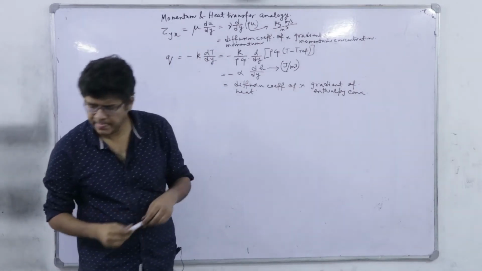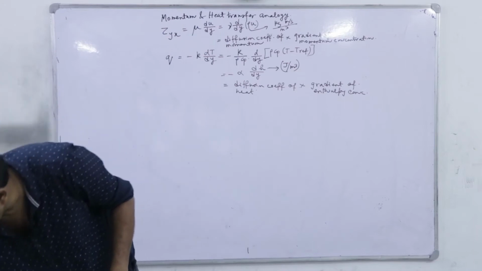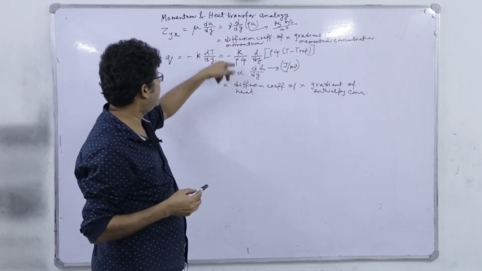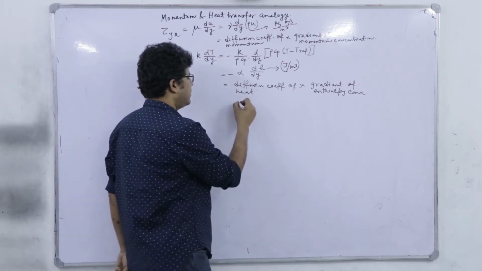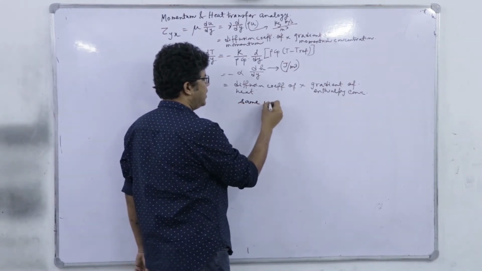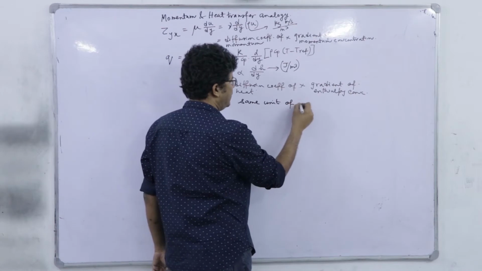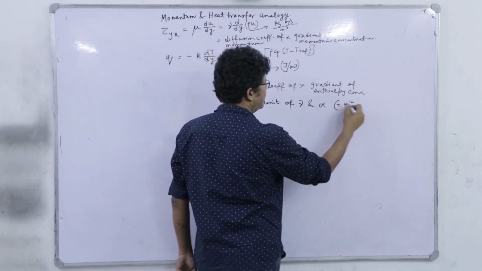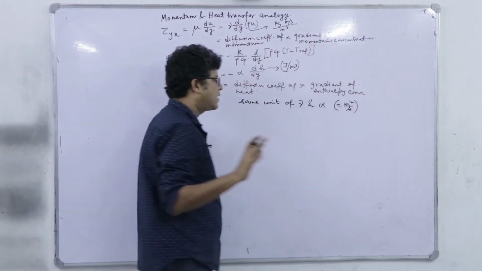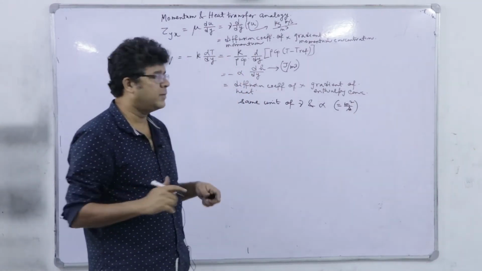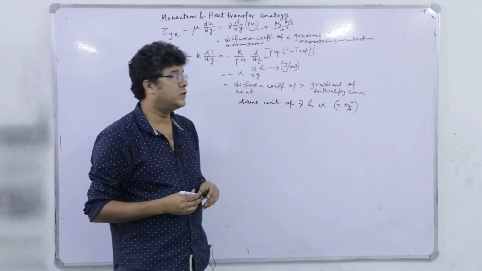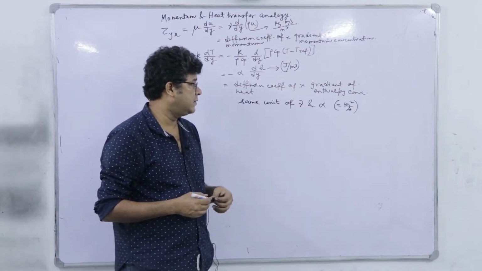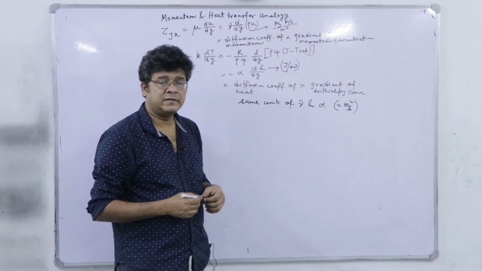So, you see that the units of nu and alpha are the same, and both are equal to meter square per second. So, this is a kind of similitude that would exist between the rate laws. Now, we will go for a more fundamental analogy which is called the Reynolds analogy.